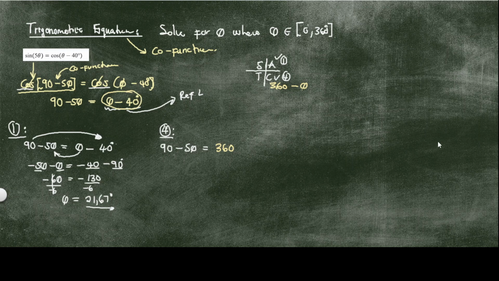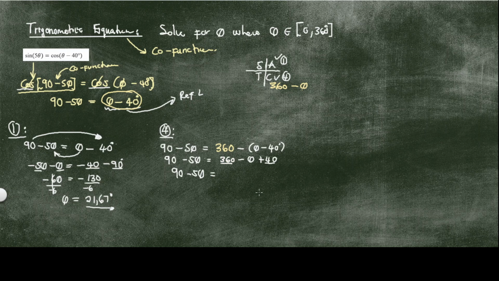So it's going to be 360 minus theta minus 40 degrees in brackets. Then we simplify: 90 minus 5 theta equals 360, remove the bracket, plus 40.